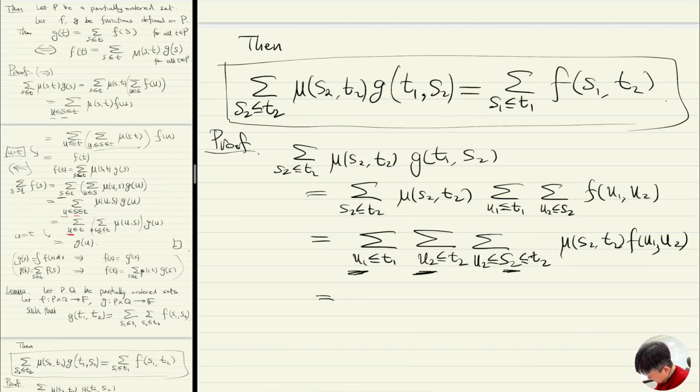All right, and now it's okay to do this sum first, right? And this sum is 1 if U2 is equal to T2 and 0 otherwise. So I can assume that U2 is equal to T2. So U1 is less than or equal to T1, and U2 is equal to T2.